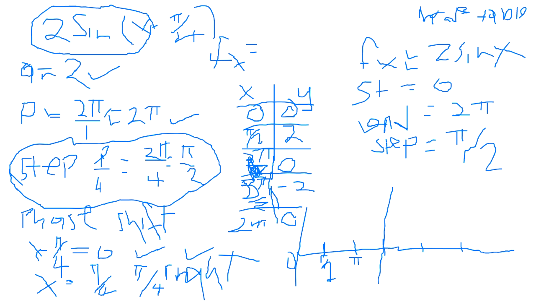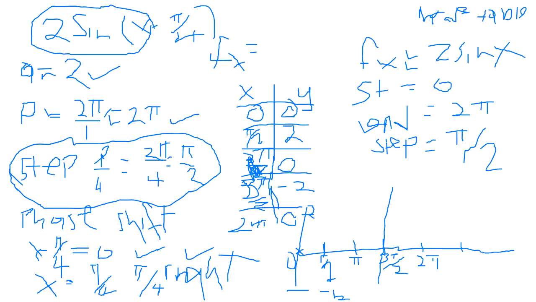Here will be 3 pi over 2. And here will be 2 pi. Then your amplitude will be 2 here and minus 2 here. So please, you see what the step does is that it makes you get very clear points for drawing your graph. Okay, good.